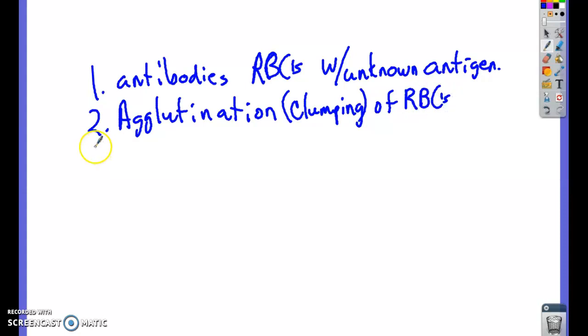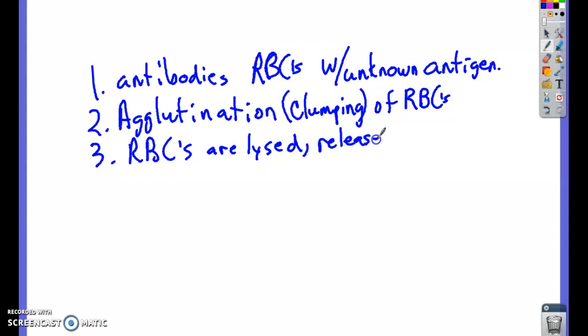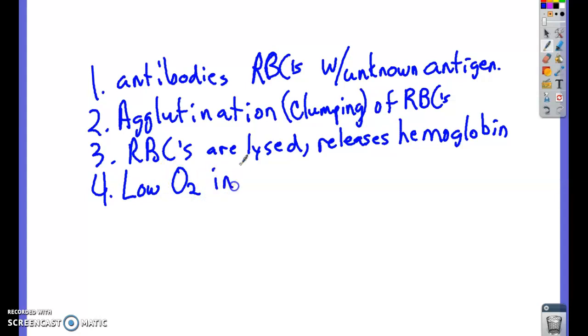Now, because of that, as it attacks these, the red blood cells are lysed, which once again, lytic, means to burst. So they're doing it, and this releases hemoglobin, because remember, red blood cells are just little packets of hemoglobin. So now, because of all these red blood cells being destroyed, there are low oxygen levels in the blood.